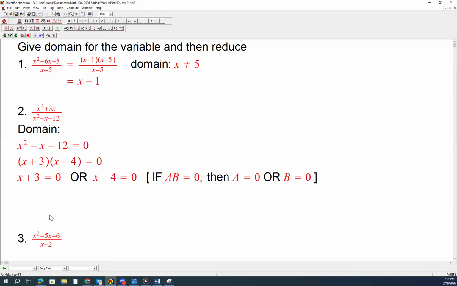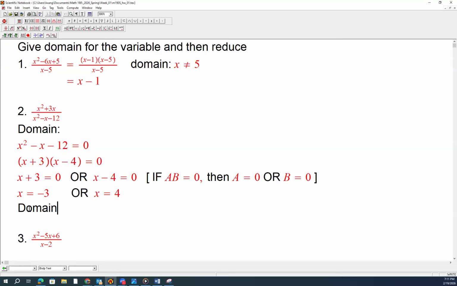Okay? And as a result, we get x equals -3 or x equals 4. And these are the two numbers that cause the denominator to equal 0. Therefore, they should be excluded from the domain.